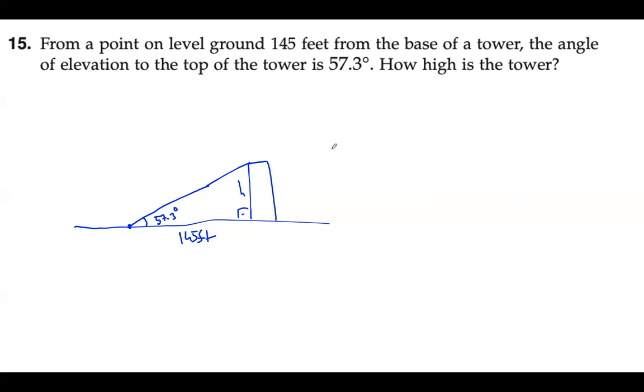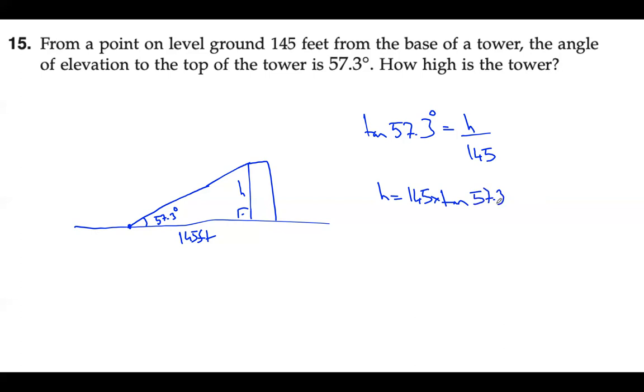Easy question. Which sides do we know? Opposite and adjacent. We will use tangent because we don't know the hypotenuse. We cannot use sine and cosine. So tangent 57.3 degrees is equal to h over 145. So if you use the cross product, h is equal to 145 times tangent 57.3.